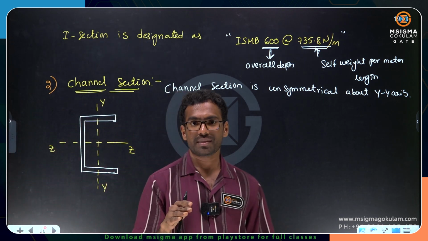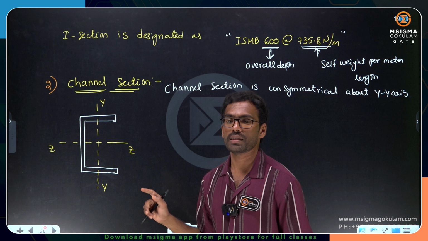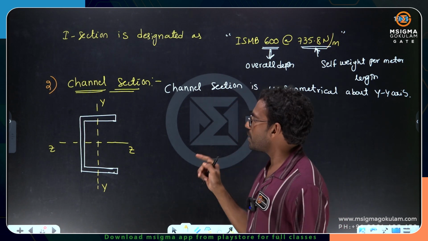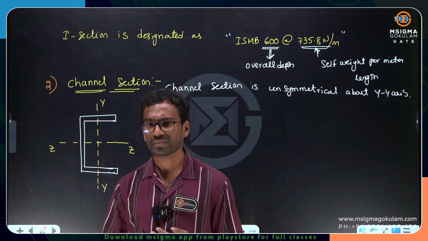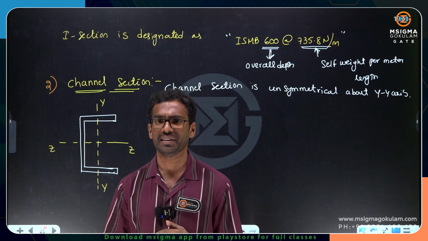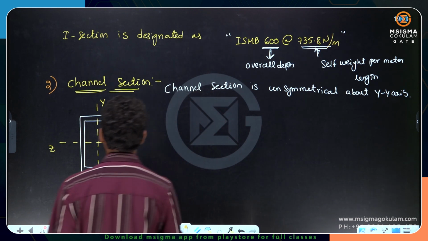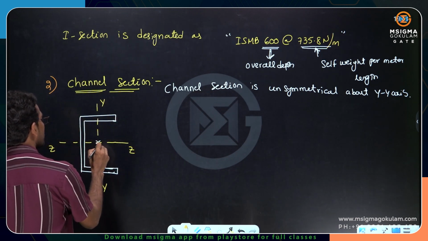So my dear friends, the very challenging task when you design a channel section is the unsymmetry. Because of the unsymmetry, what happens? There is no chance of the center of gravity coinciding with the shear center. This is the center of gravity.